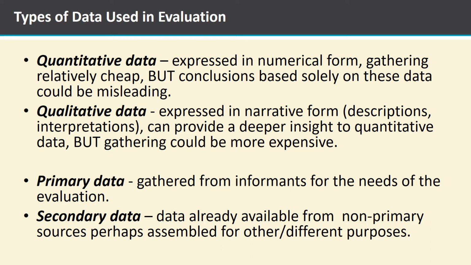It can provide a deeper insight relative to quantitative data, but gathering of qualitative data can be more expensive. Primary data is gathered from informants for the needs of that particular evaluation. Secondary data is data that is already available from non-primary sources, perhaps assembled for other or different purposes.